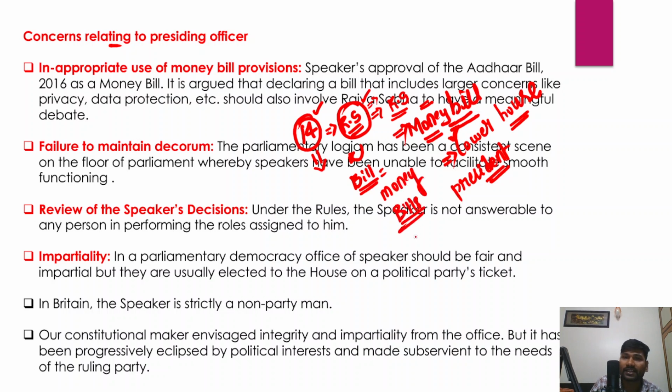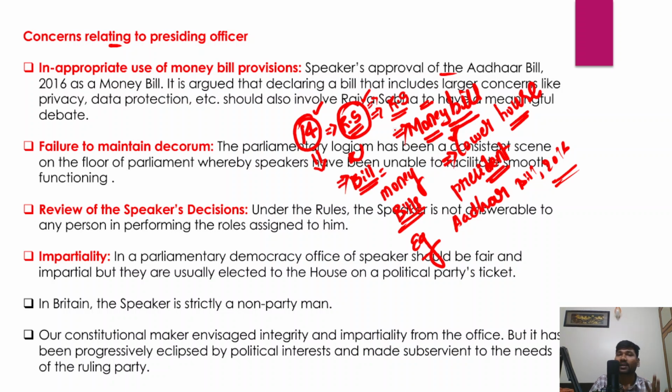And one recent example is the Aadhaar bill. That was passed in 2016 as a money bill. In fact, the Speaker's approval of the Aadhaar Bill 2016 as a money bill is one example of using the money bill route to bypass Rajya Sabha.